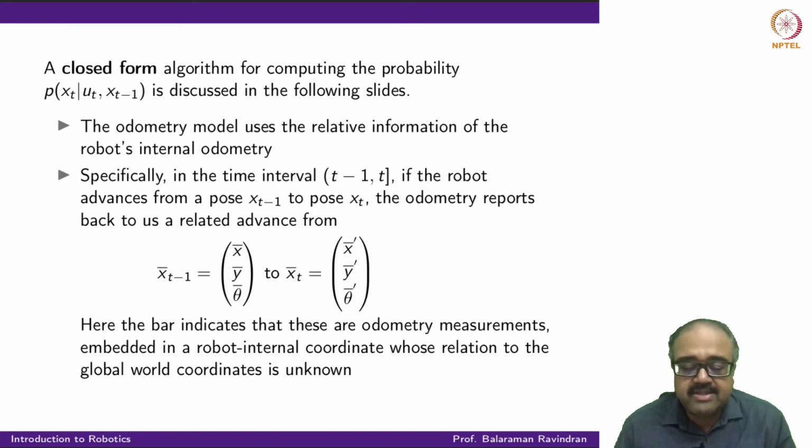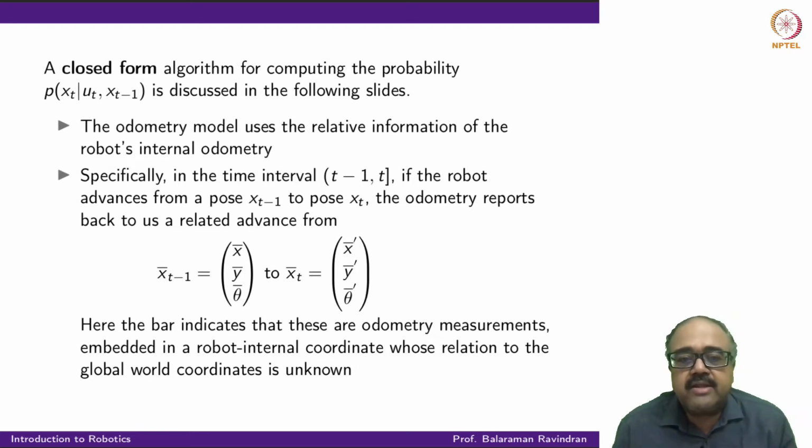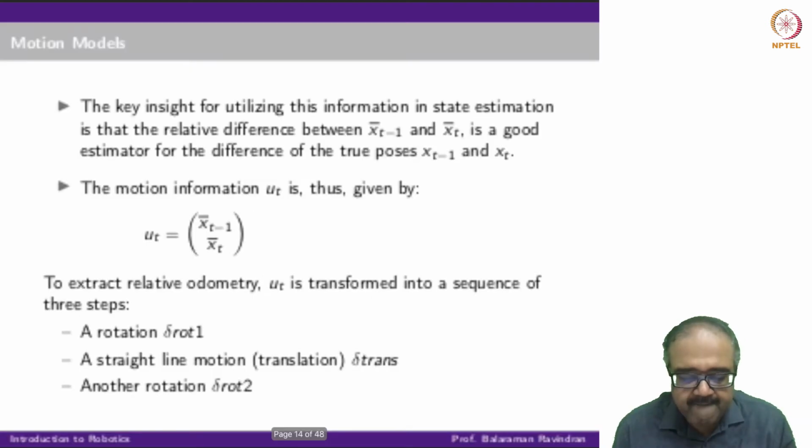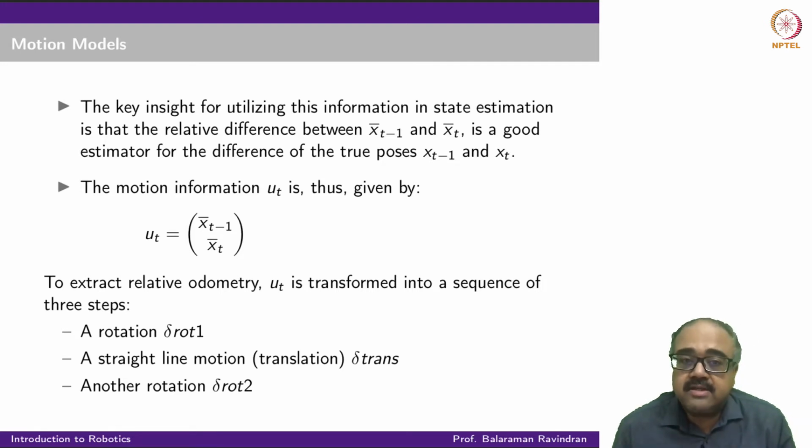So, if from the estimated quantity I can get the change, then I can apply it to the actual x_{t-1} that I have and also find out what x_t is. This is essentially what allows us to build the probabilistic model for the actual state based on the estimated measurements from the odometry. Okay. So, that is what we are saying here, and so the difference is useful.